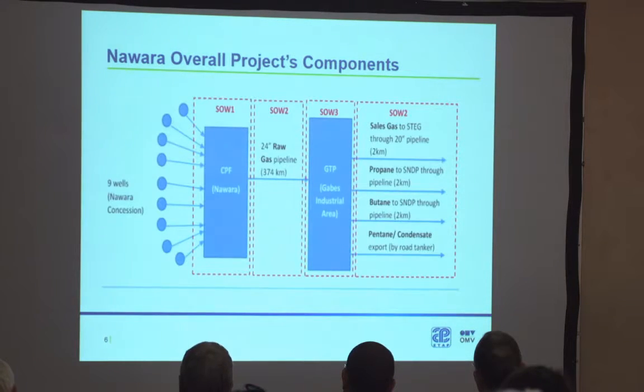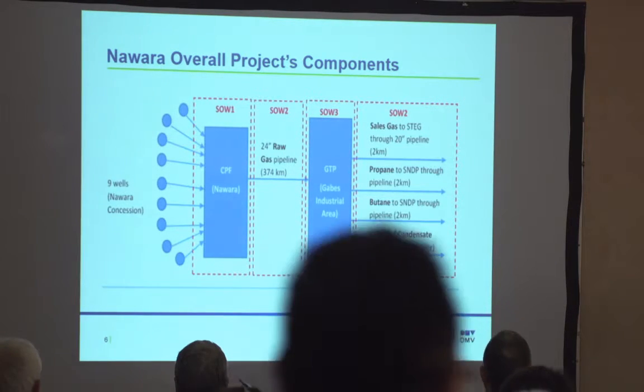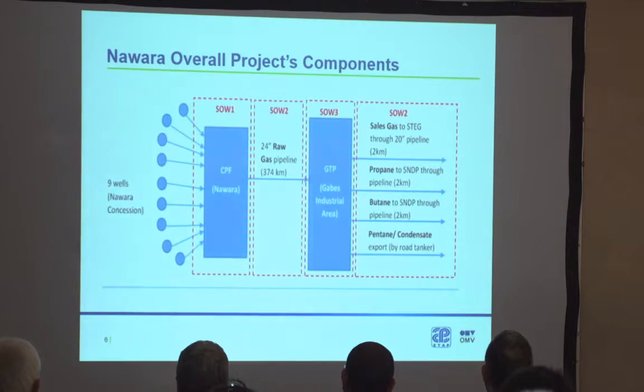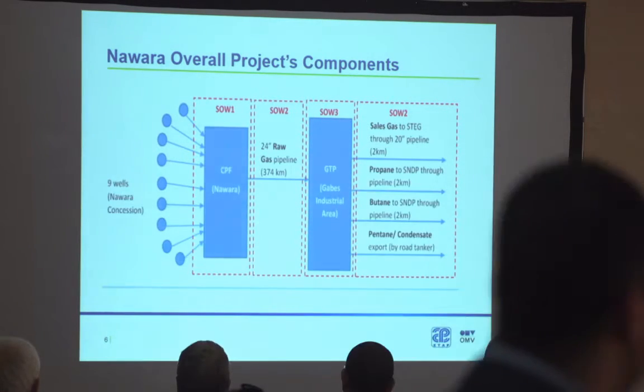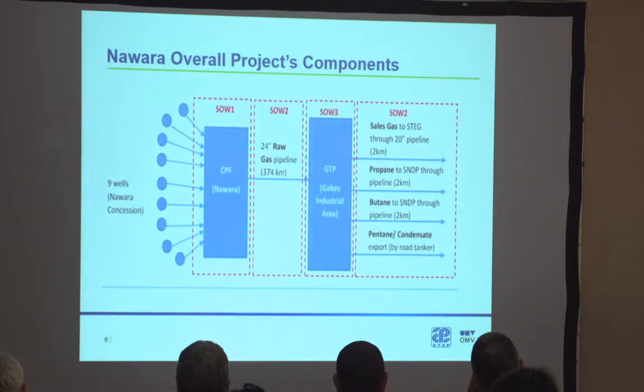So the main components of Nawara are the CPF and the upstream part. So we have 9 wells. We have a gathering system, which is individual flow lines from the well sites to the main treatment facility.